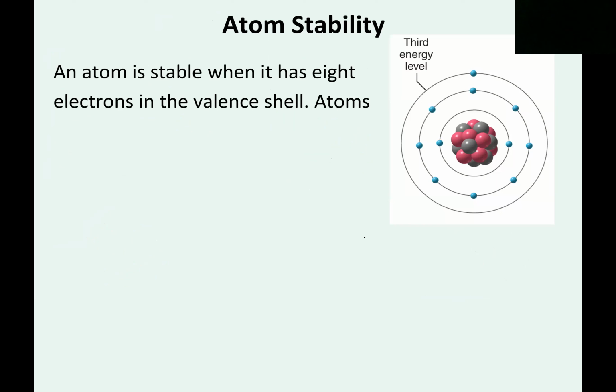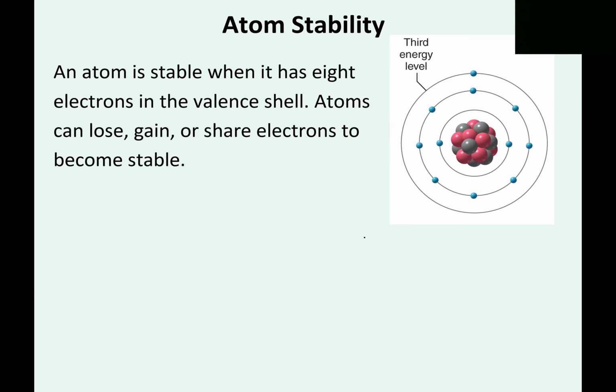There's an equation you can learn if you take a full chemistry class, but for our purposes, the first shell can only hold up to 2, and the rest of them up to 8. Atoms can gain, lose, or share electrons to become stable.